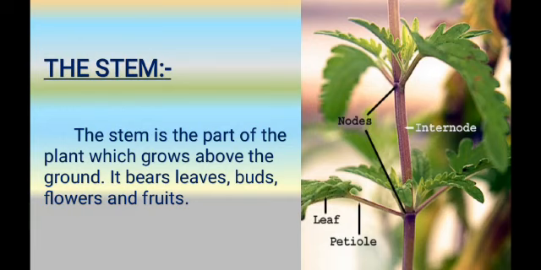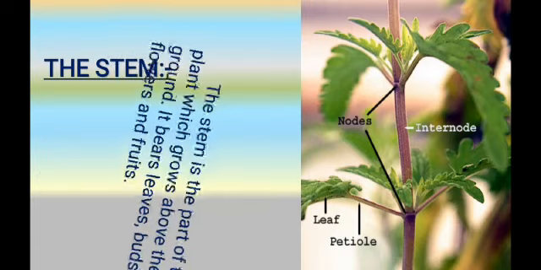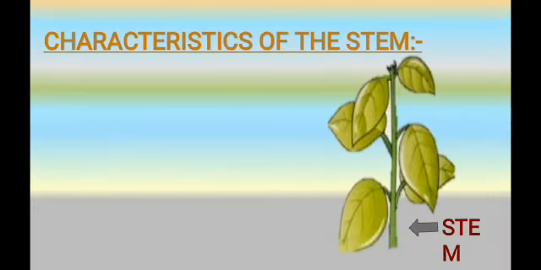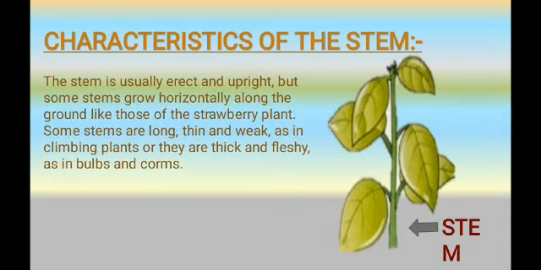Stem is the main part of the flowering plant. It bears leaf, knot, internode. Its main function is to help in transportation. Here you can see the picture of the stem.